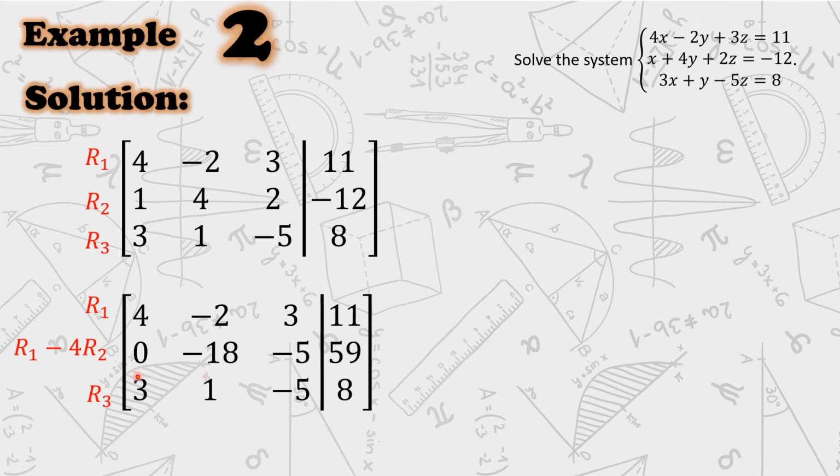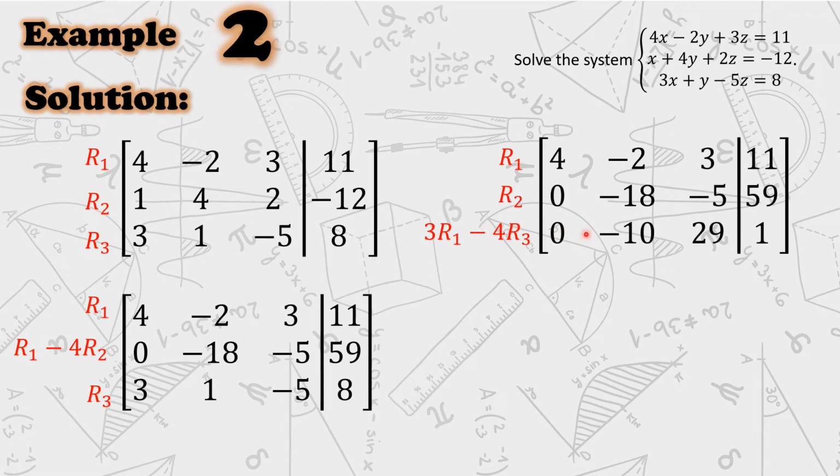This time, we will have the third row first column element to be 0, and to do that, we'll have the operation 3R sub 1 minus 4R sub 3. And then we're going to retain the elements in row 1 and row 2. Let us perform the operation. So we have 3 times 4 minus 4 times 3. That will be 12 minus 12, 0. Next element, we have 3 times negative 2, that is negative 6, minus 4 times 1, that is 4.